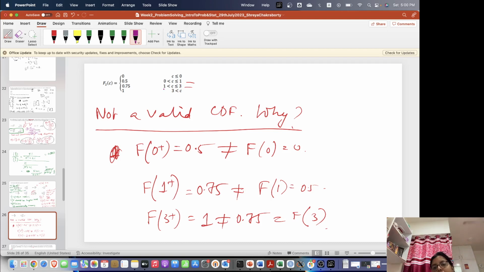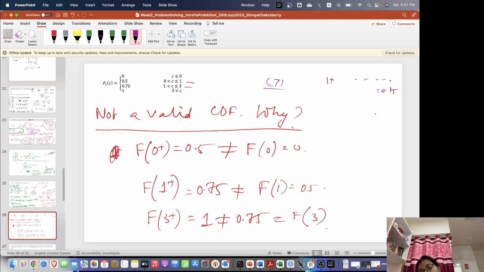So however much we move c towards 1 from the right hand side, we will never be able to reach f(c) equal to 0.5. Even if you take c greater than 1 by 0.000000, something like this, we'll land up at 0.75.